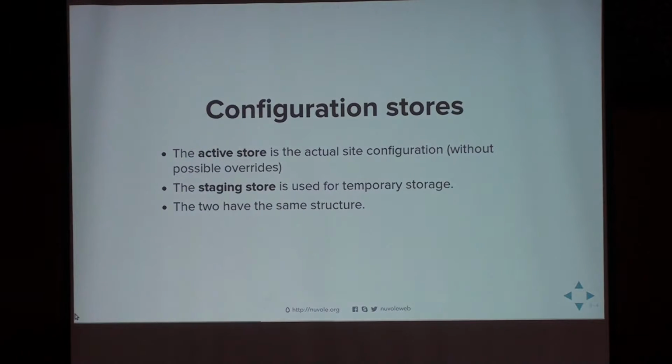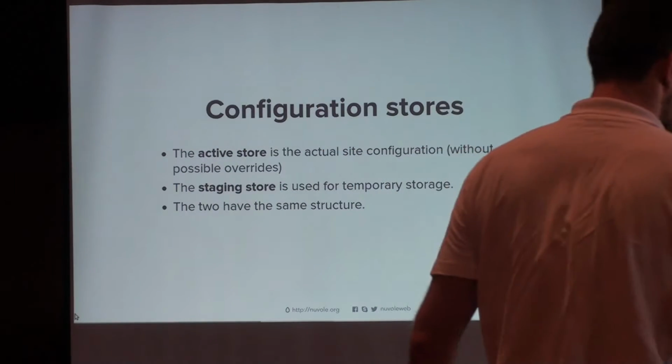And as talked about before, there's the active store and the staging store. So the active store is where your configuration lives. The site, when it runs, it uses this place to know what configuration is valid on the site or is inactive.